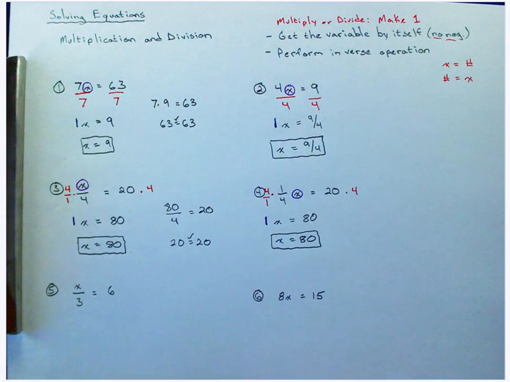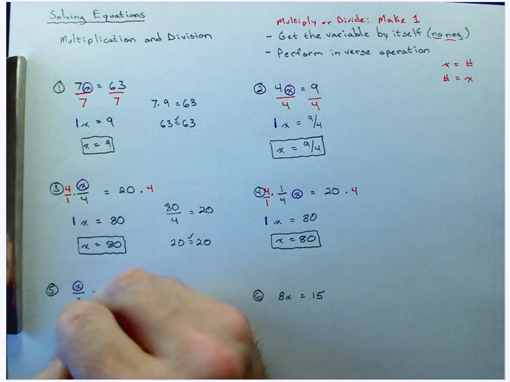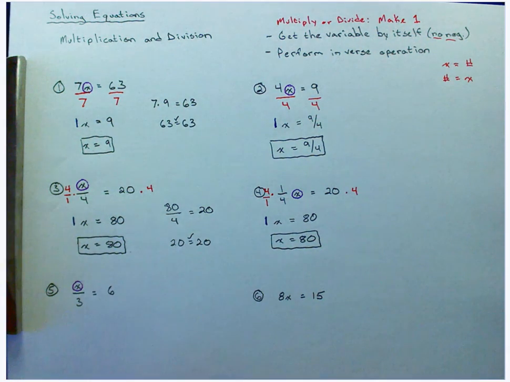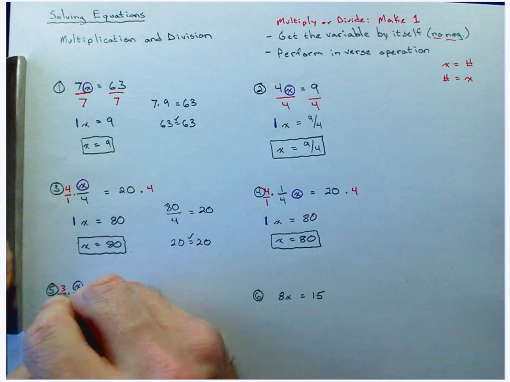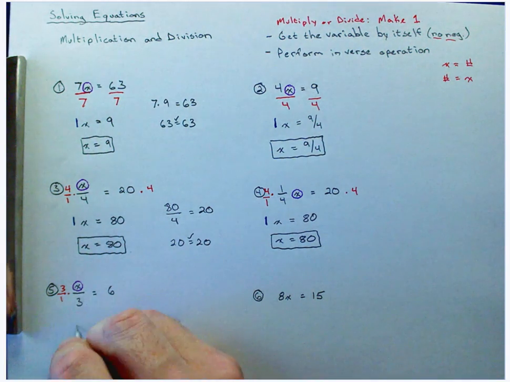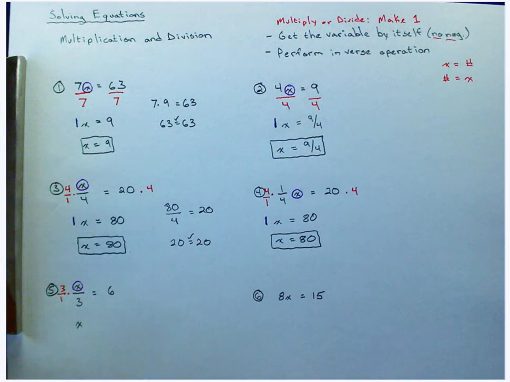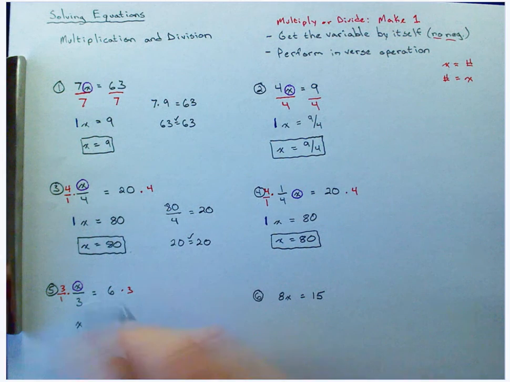Alright, so I need to get x by itself, and what's going on with x is it's being divided by a 3. So I'm going to use multiplication, and I'll write it as a fraction to help visualize. My 3's will then cancel, leaving me with just x, and what I do to one side I have to do to the other, so I'm going to multiply this side by 3. And do you agree 3 over 1 is the same thing as 3?